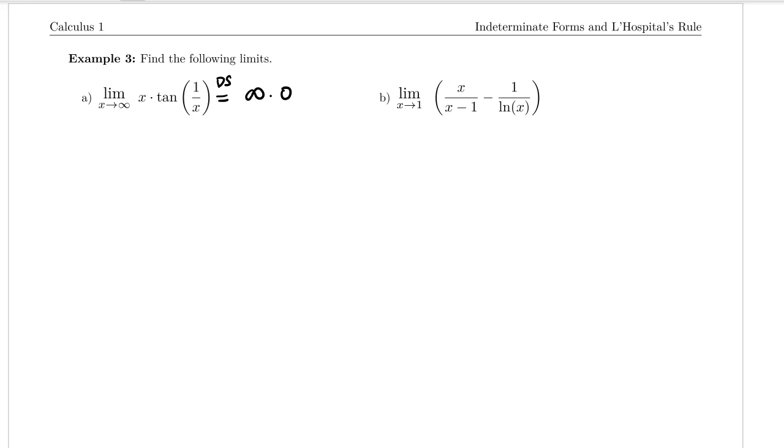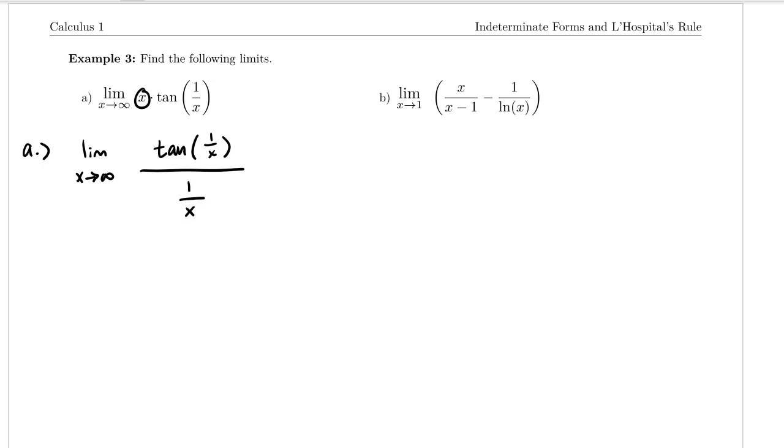And 0 times infinity was one of our alternative indeterminate forms. So what we want to do is get this into something different. Right now, I have the limit as x goes to infinity of x times tangent of 1 over x, and I can rewrite this as tangent of 1 over x over, I'm going to bring this x to the denominator and rewrite it as 1 over x.